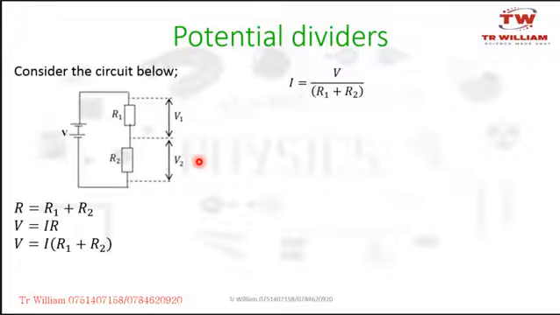So using Ohm's law, voltage across R2 will be equal to the current which goes through times this resistance. So V2 is equal to I times R2.